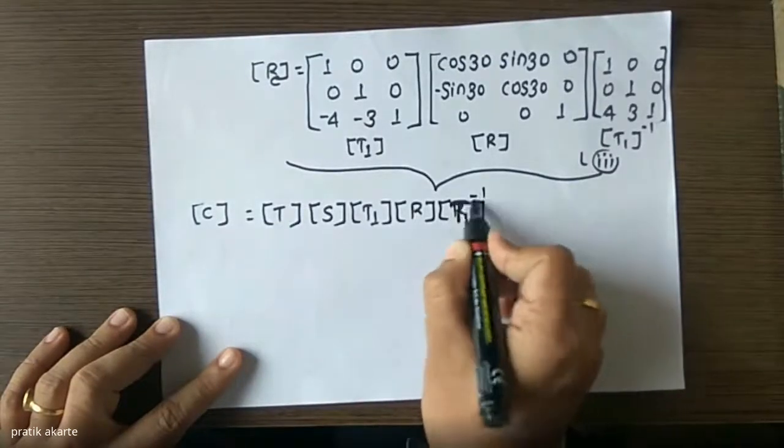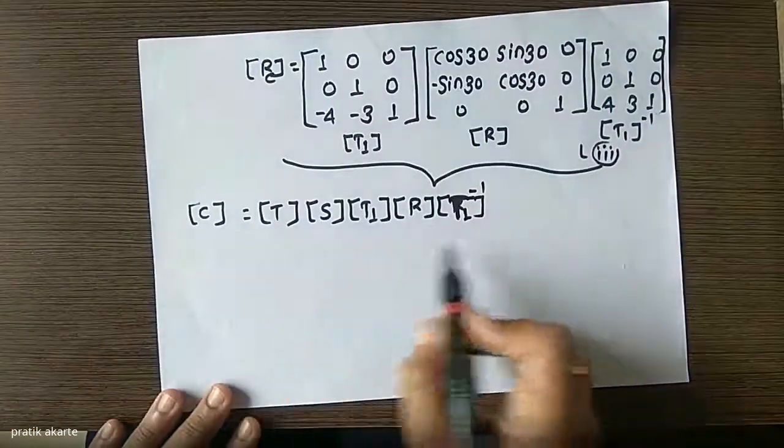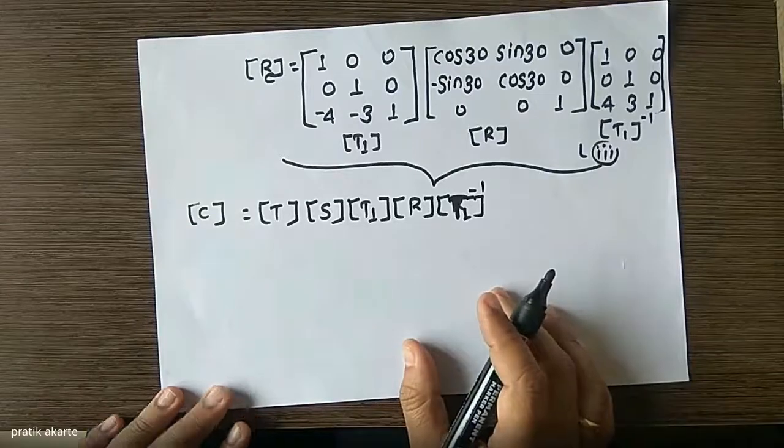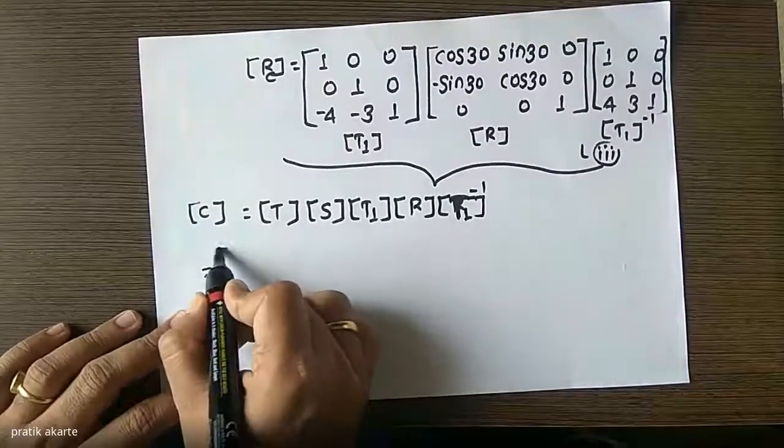So this is inverse translation. Okay, so we have to multiply all these matrices. Let us write these matrices.